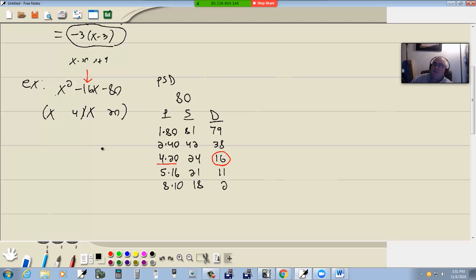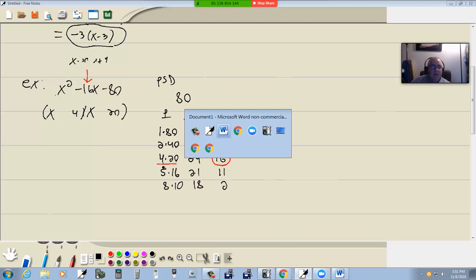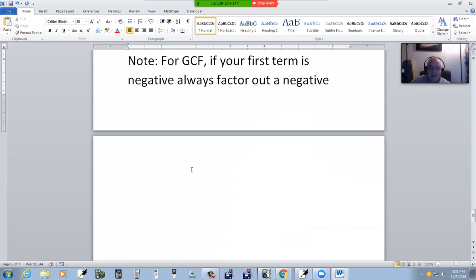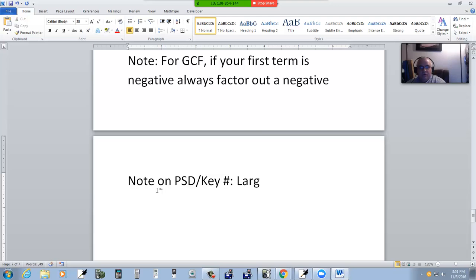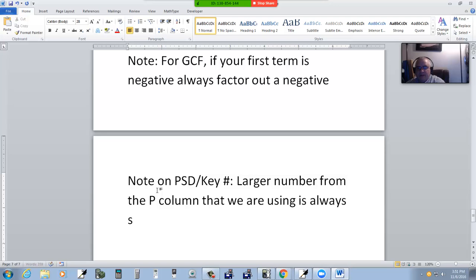Now last thing we need to do is determine what our sign is going to be. We got a note to help us with that. And this applies not only to PSD but key number. It says the larger number from the P column that we are using is always the same sign as the middle term.